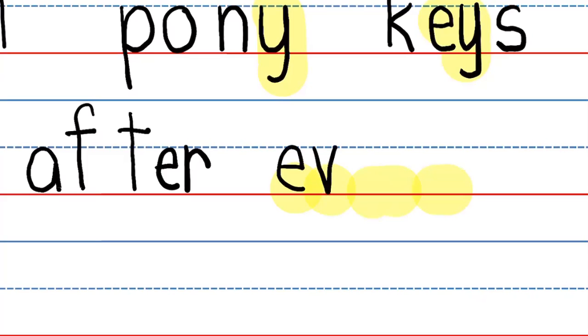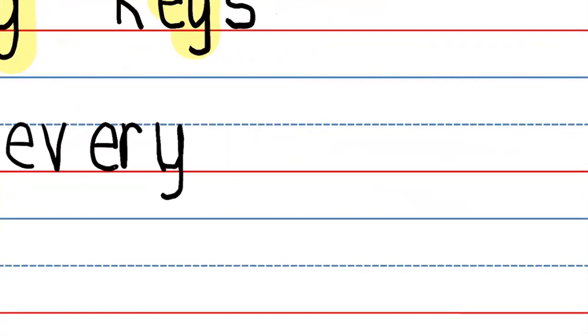Next syllable, spelled with our ER again. Ever. E. And how do we spell E at the end of a multi-syllable word? That's right, with the Y, just like our happy baby pony. Ev-er-e. Every.